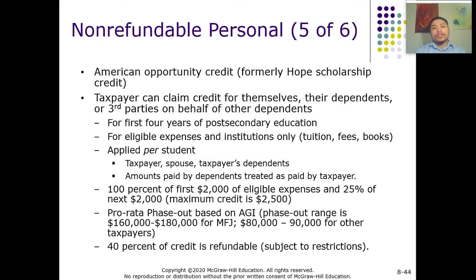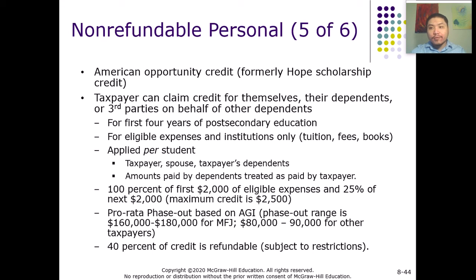100% of the first $2,000 of eligible expenses and 25% of the next $2,000 of eligible expenses, right? So let's say you are going to UTSA and maybe you have some scholarship and you only pay maybe $3,000 for everything, like for your tuition, for your books, for your living expenses, only $3,000 to go to school, right?